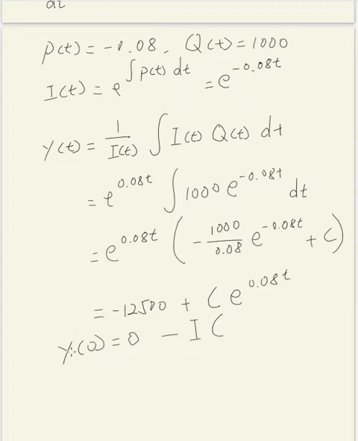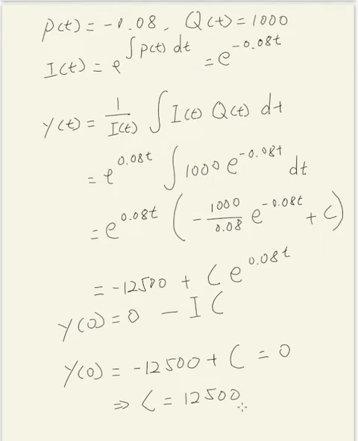Then let's plug this condition into our solution. We get y of 0 equals minus 12,500. e to the 0.08 times 0 is e to the 0, which is 1. So it's just this plus c, and this equals 0.